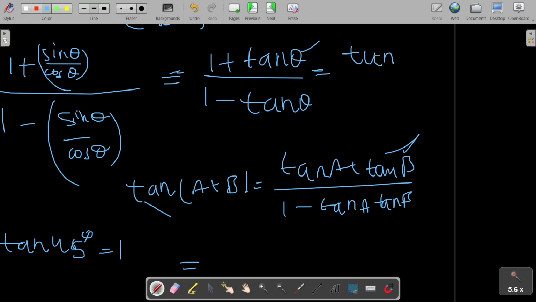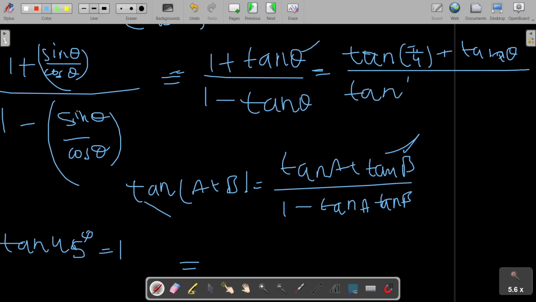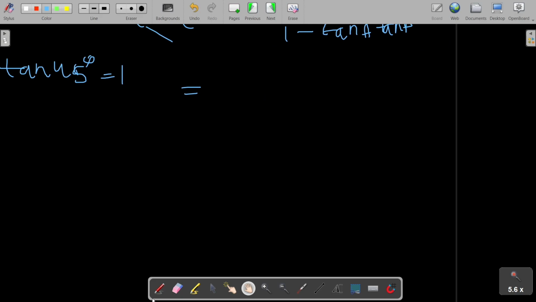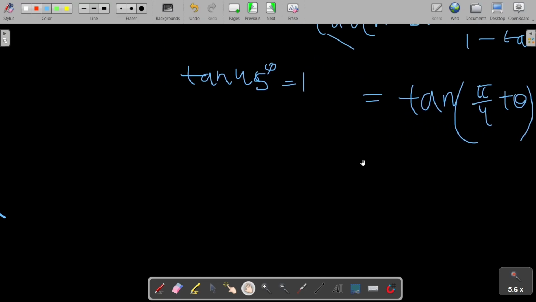We can write 1 as tan pi by 4, which is 45 degrees. I'm going to write this in radians. So this is tan pi by 4 plus tan theta over 1 minus tan pi by 4 tan theta. By comparing this with the formula, I can write it simply as tan of pi by 4 plus theta.